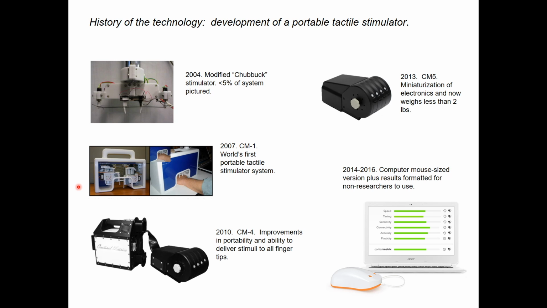So that's when we started working off campus. And Bob took a weekend and some fishing wire and some plastic and got something to work. We got money to start to actually, that was a prototype for the world's first portable tactile stimulator, which you see here. That stimulator was very good at delivering stimuli to the back of the hand.